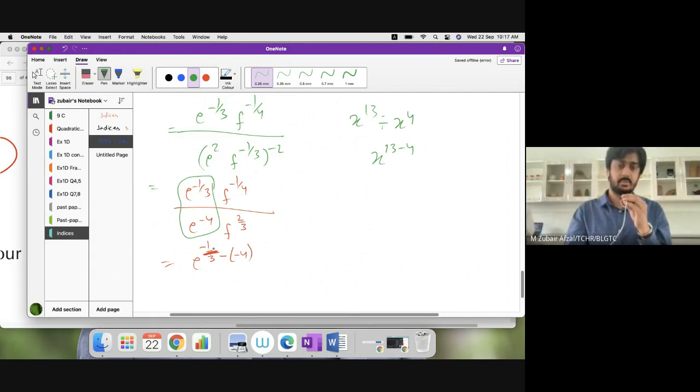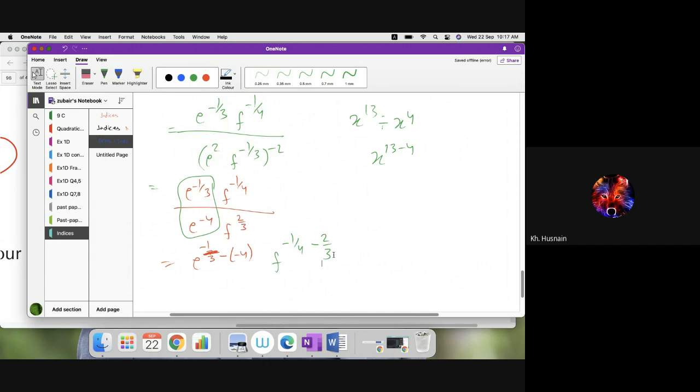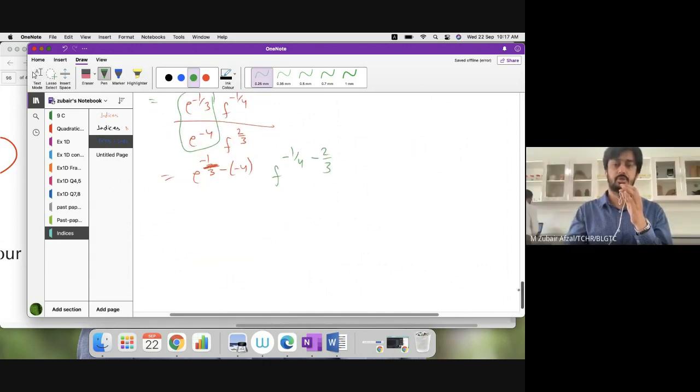I did 1 by 3 minus the second power. In case of f, I will write f raised to power minus 1 by 4 minus 2 by 3. Any doubt till now? No sir.